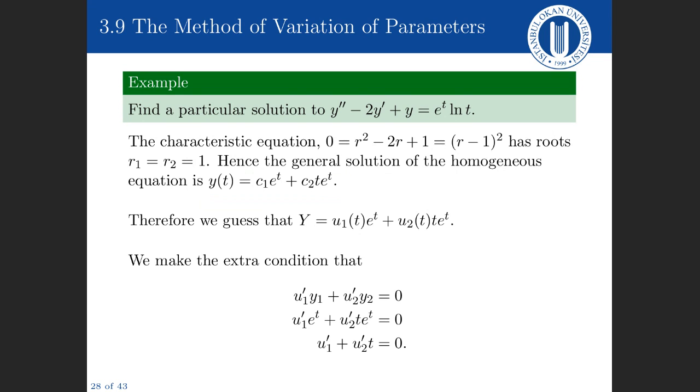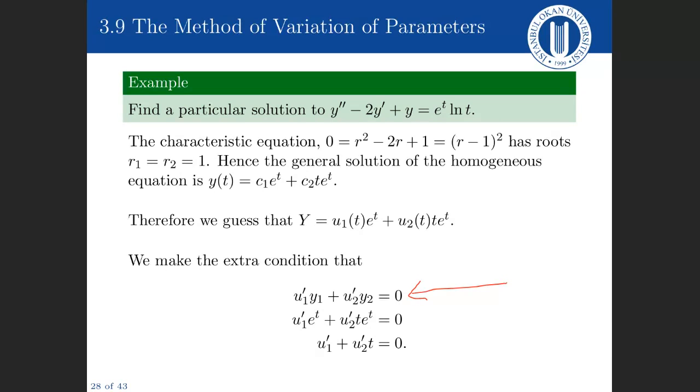Then we introduce our extra condition. The extra condition, as I said previously, we always want u1 prime y1 plus u2 prime y2 is equal to 0. This is the formula we remember. This is the equation we always use.